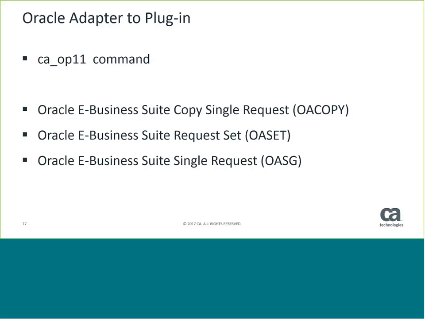So what that translates to is 3 new job types, and they're listed there. Copy single request, so they match up to the text that's there. So what the Oracle conversion is going to do is take the CAOP11, look at the parameters, and say, okay, this is a copy, this is a request set, this is a single request. And it's going to translate the job based on the information that's on that command line.